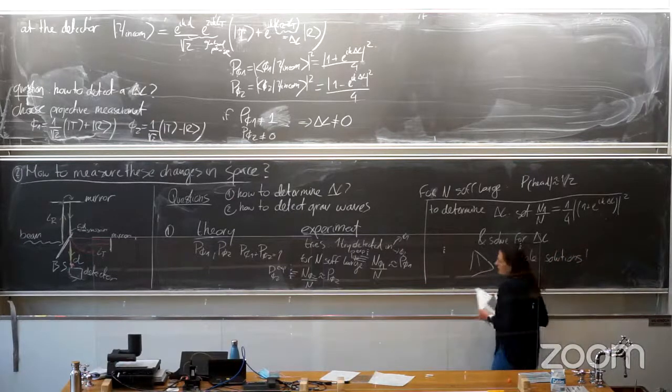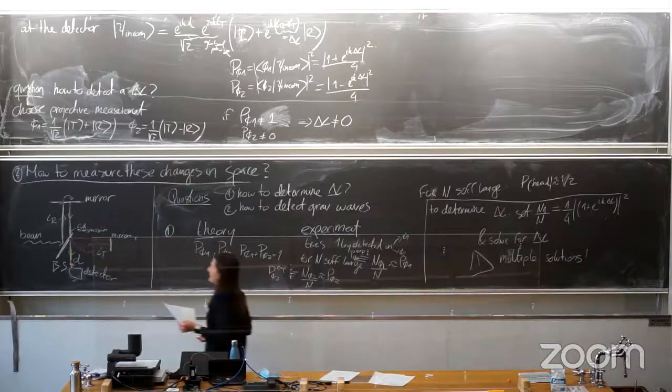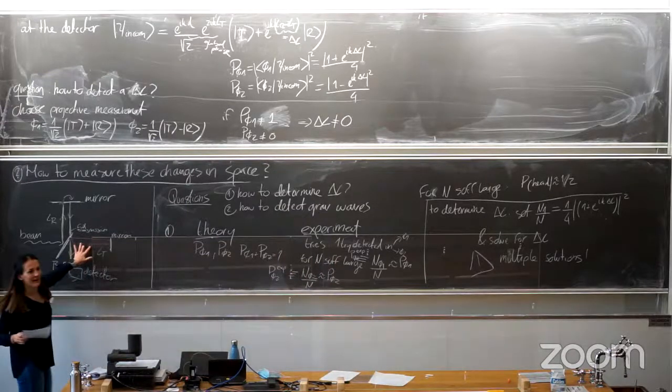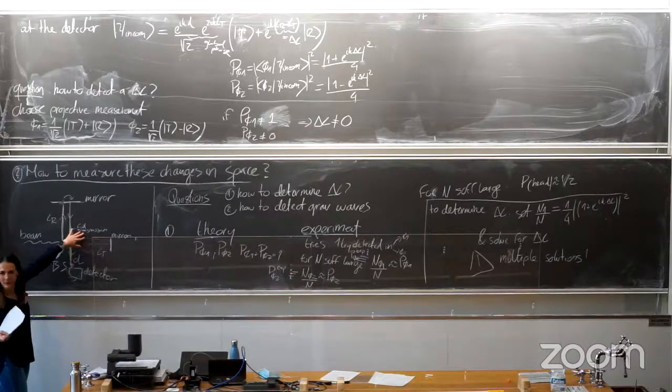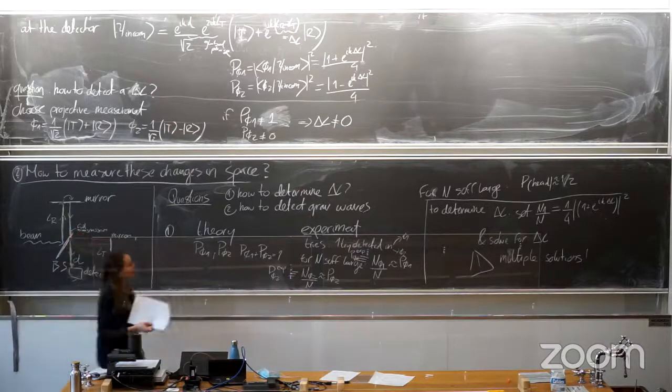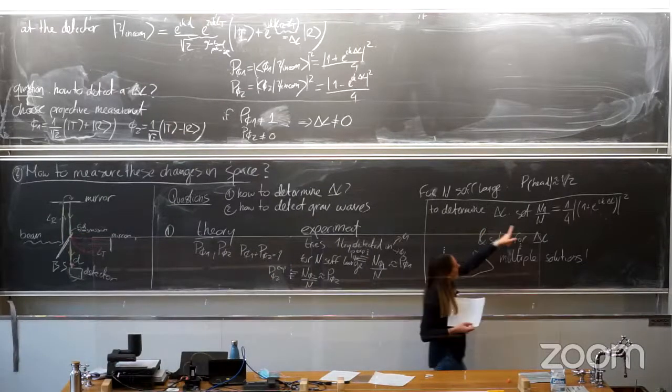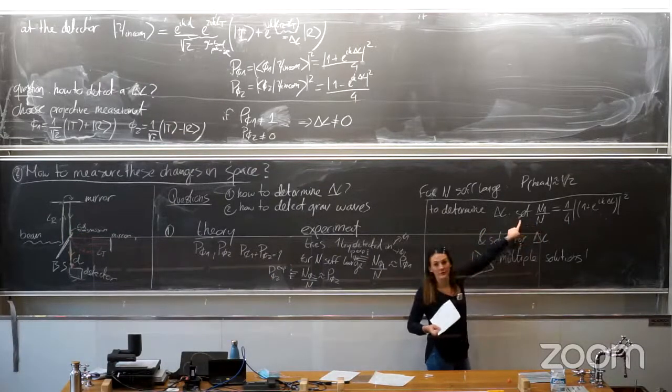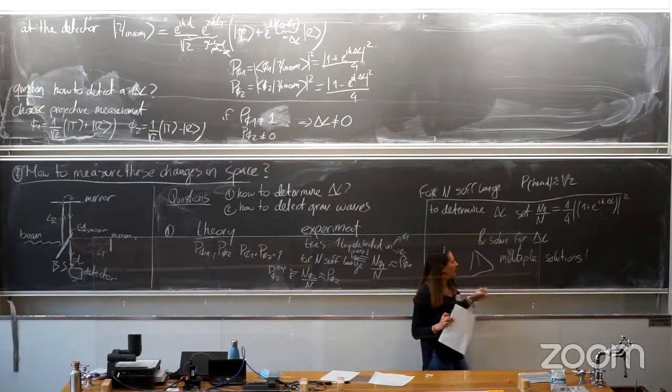Of course, in the experiment, we have one delta L, so the difference between the two is well defined. But with our interference experiment, we can determine it only up to some periodicity conditions or non-injective conditions. So it's not that we have the full answer.